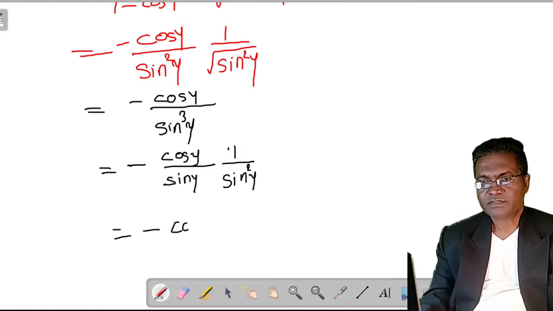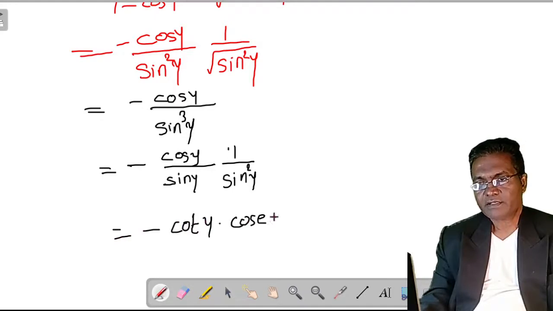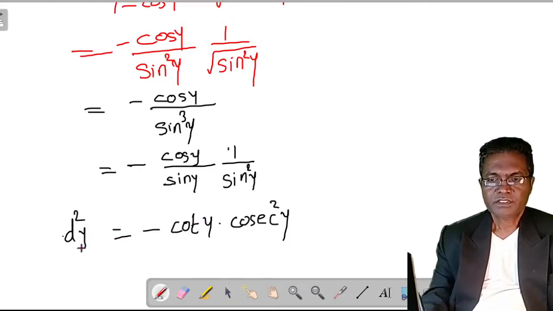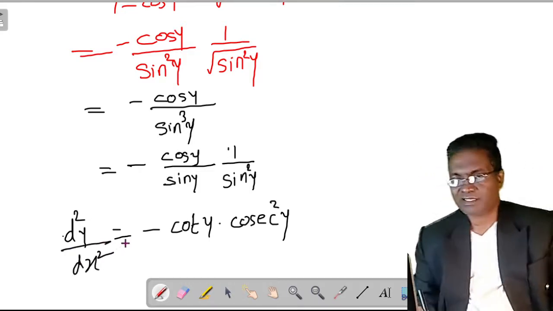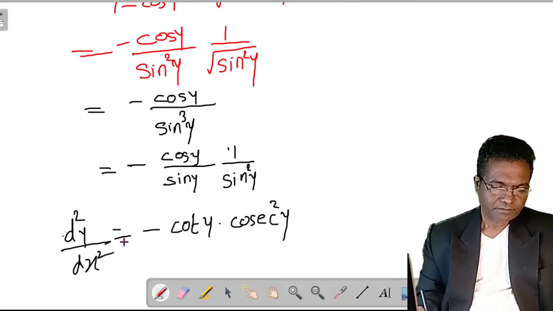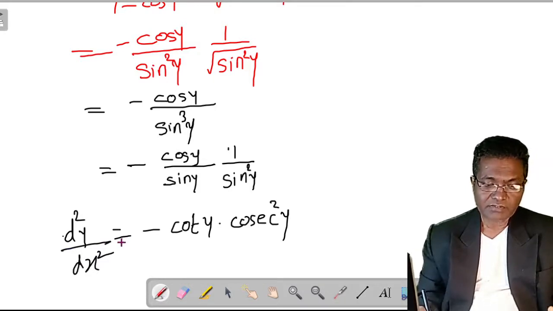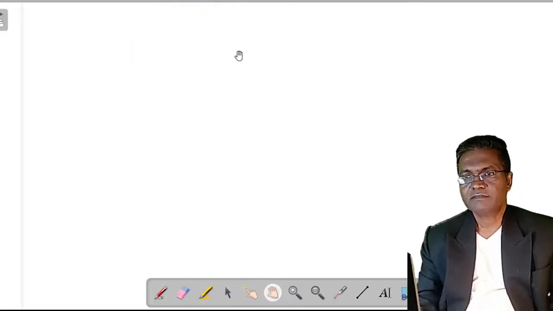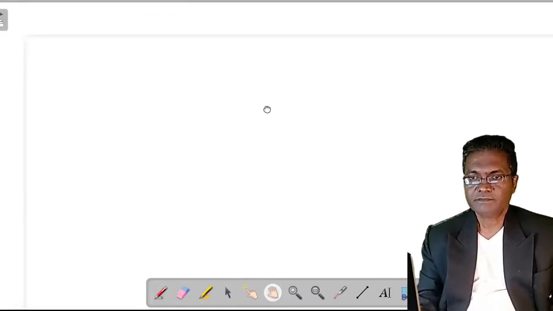This is minus cot y into cosec square y. So this is your second derivative. So in this way you can prove it if it is asked, but I don't suppose it will be asked because there are some other standard examples. Okay. So let's have a few interesting ones.